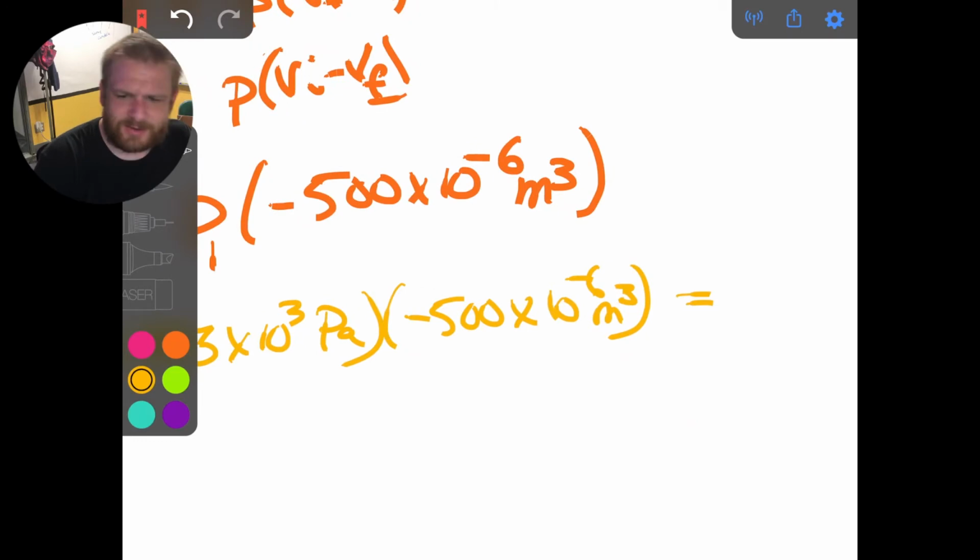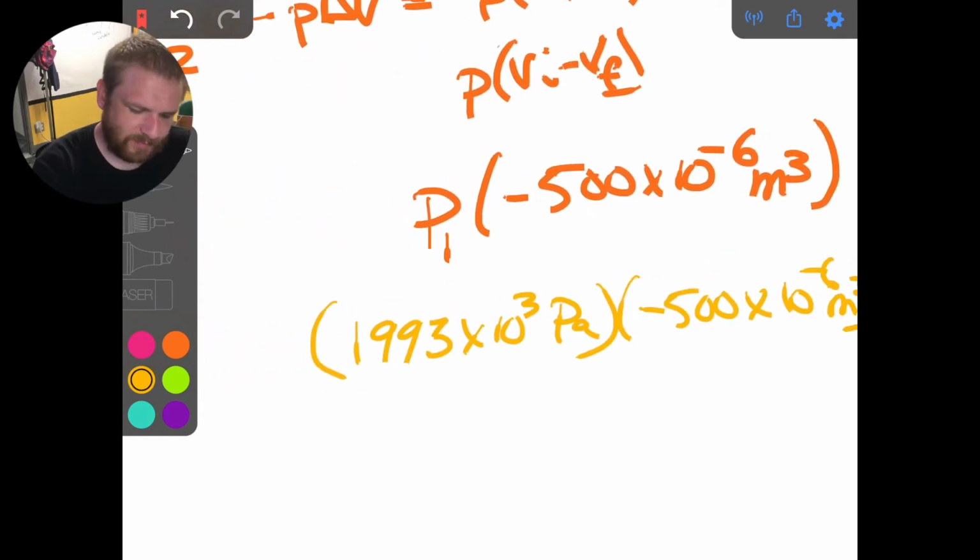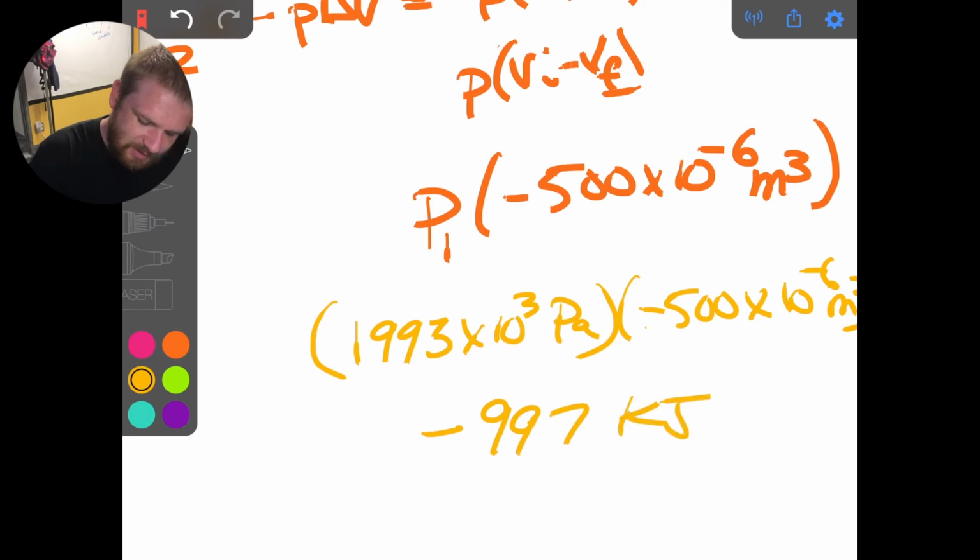If we multiply these together, we get the total work done by the gas, or negative work done on the gas along that process 1 to 2, which is, plugging into my calculator, 997 kilojoules, excuse me, along that process. That's a minus sign here, so minus 997 from the process.